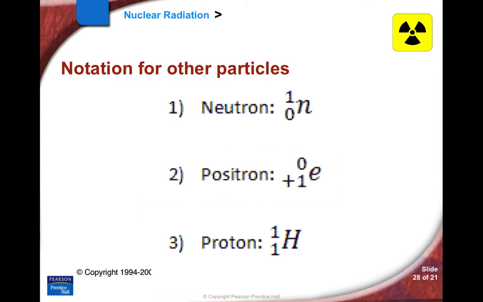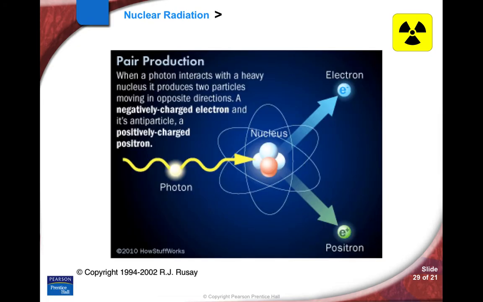And then finally, positron, which is the antimatter component, equal and opposite to a beta particle. So we call it a positron. It's a positive charge. It's the size of an electron. No neutrons, no protons in it.